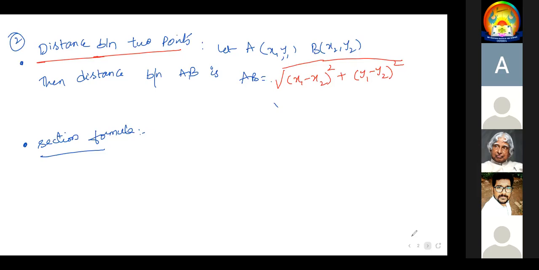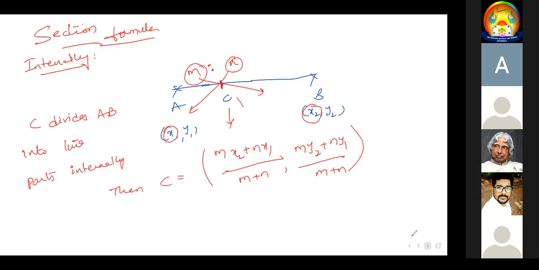Done, sir. Yeah, very good. Yes, sir. Done, sir. Yeah, section formula.